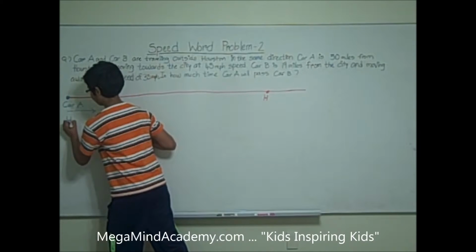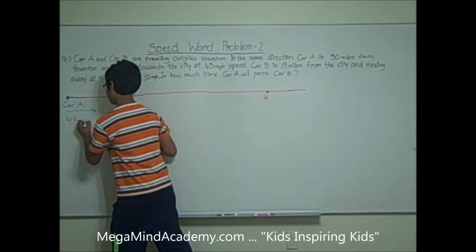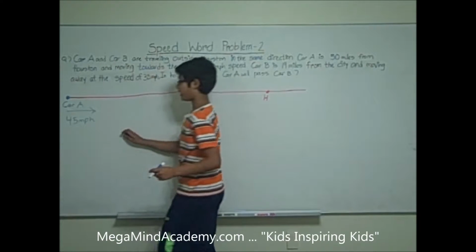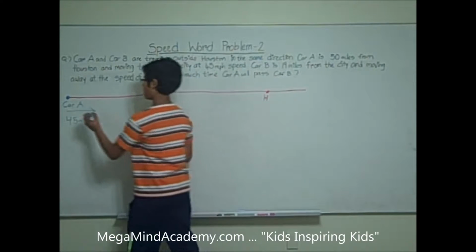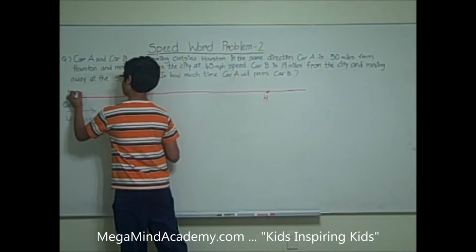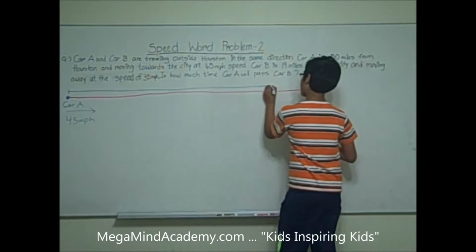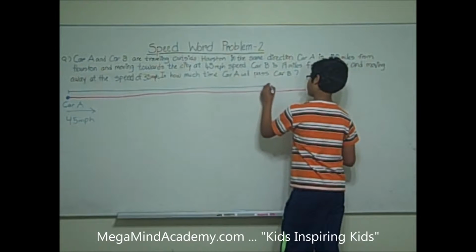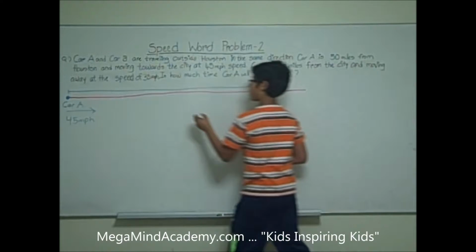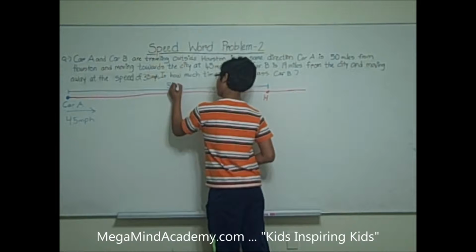So 45 mph. So this means that the distance from here to here is 50 miles.